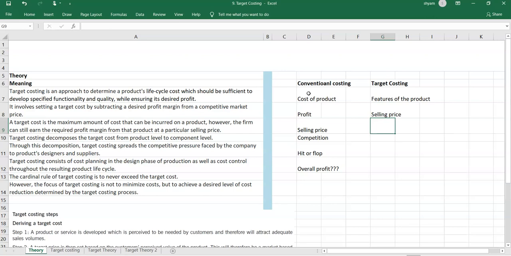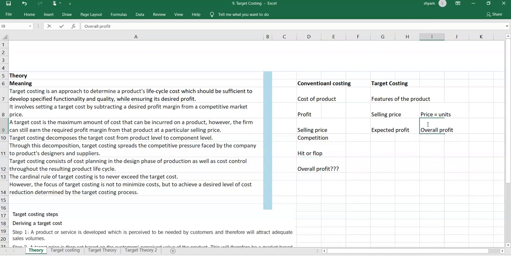After knowing the selling price, they try to find out their expected profit. If this is the selling price, what should be their expected profit? While determining the expected profit, they determine at what price how many units will sell. Once they know that, they can easily multiply the profit per unit by the total number of units that they will sell.